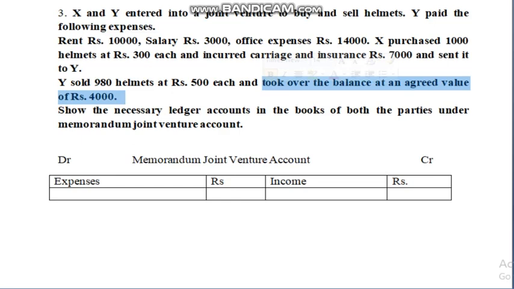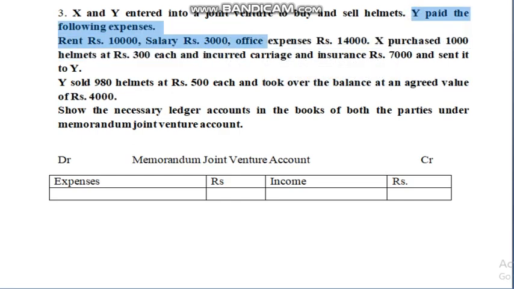What's the first transaction? Y paid the following expenses: rent 10,000, salary 3,000, office expenses 14,000.